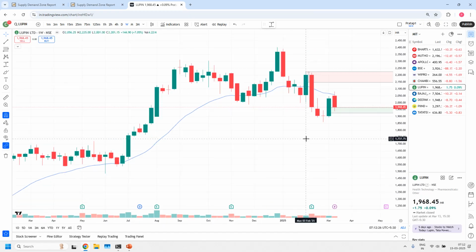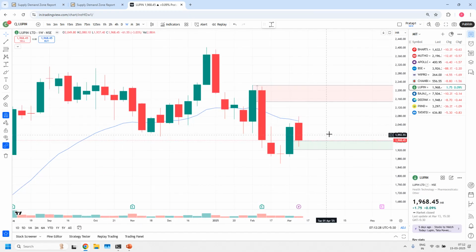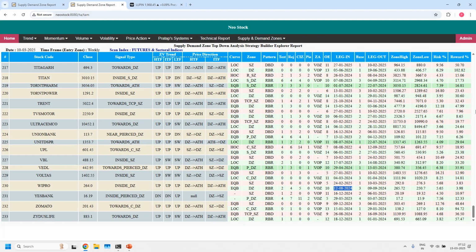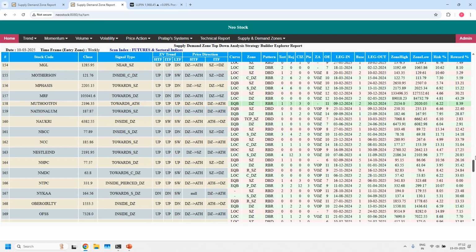Lupin is not having any weekly zone confluence. We are in the weekly. You can't take drop, two base candles and a rally, the reason being this is a medium size candle, it is also part of the base. Lupin, where is the zone? Weekly zone.